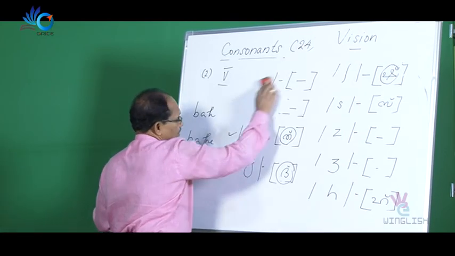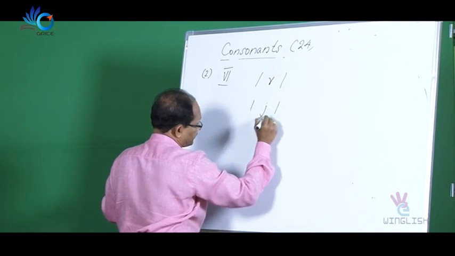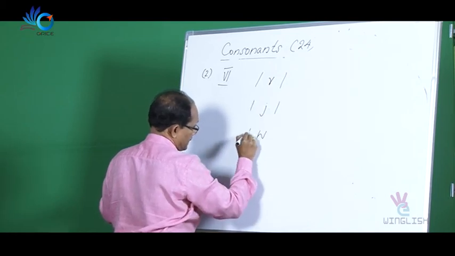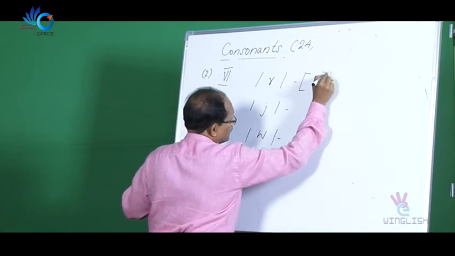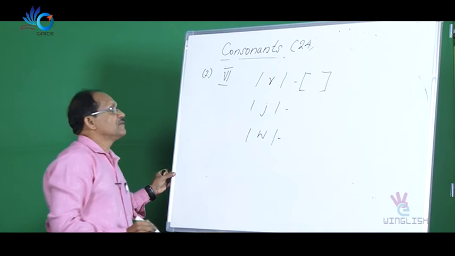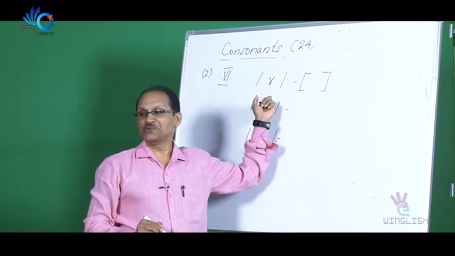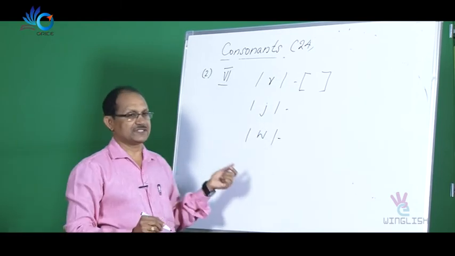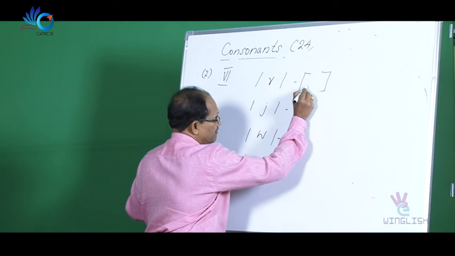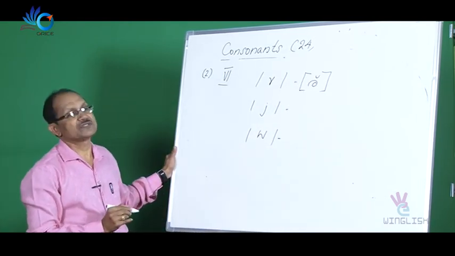One more group. Well, the sounds are, I have already told you this has a number of realizations, forms. The commonest one may be taken as r, no problem, we have the sound r.